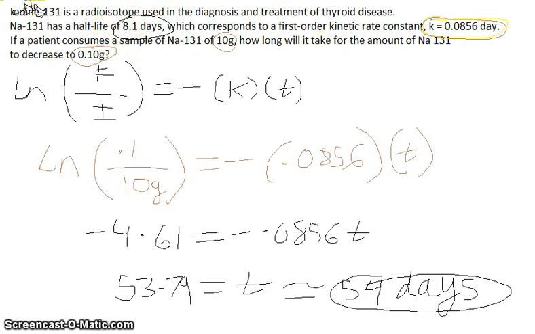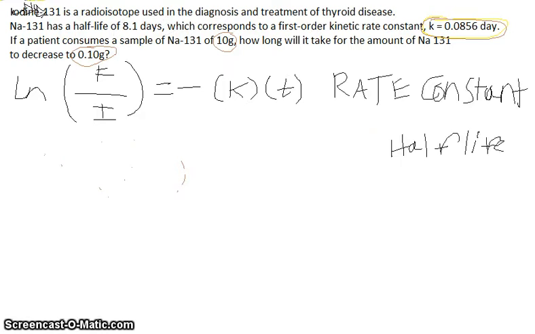Let's see how we can set that up. To do this problem an alternate way, we will use the half-life formula, which basically states that the final amount is equal to the initial amount times 1/2 to the power of time over the half-life.